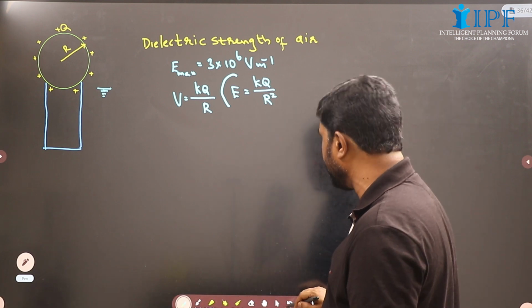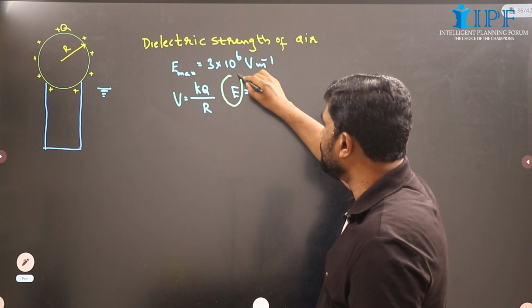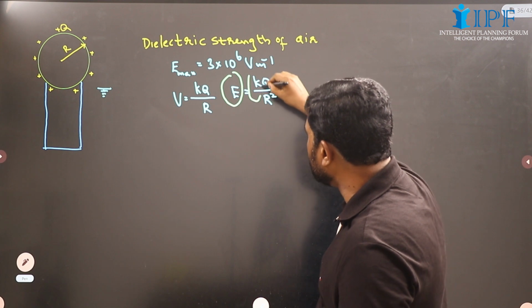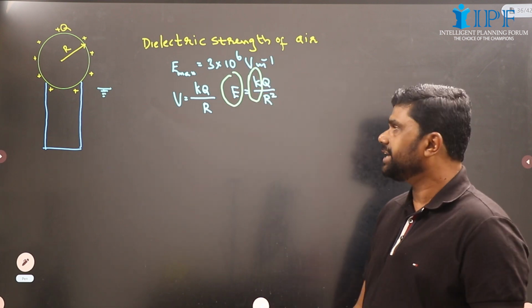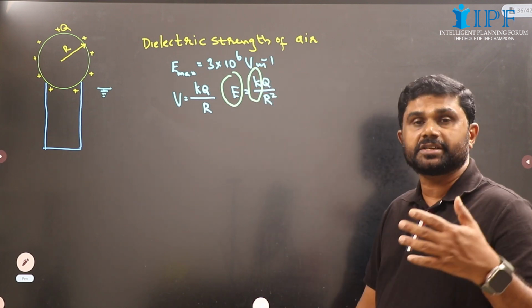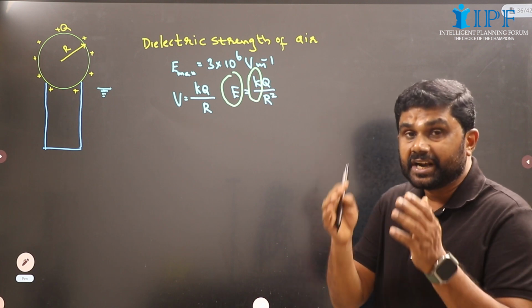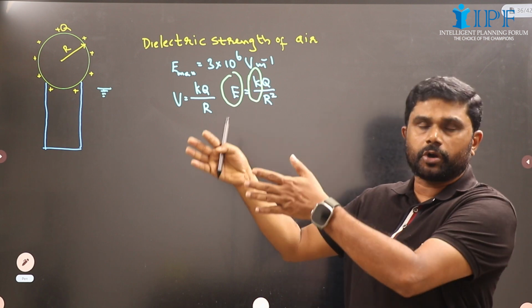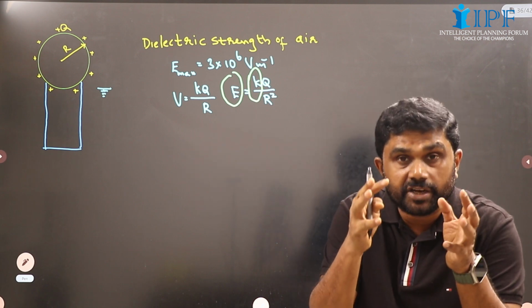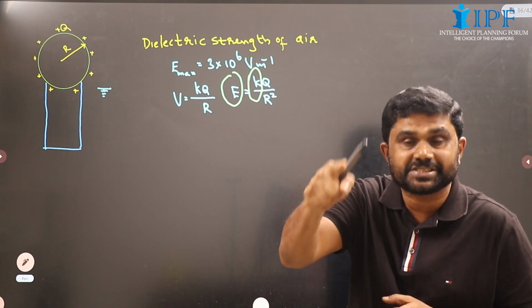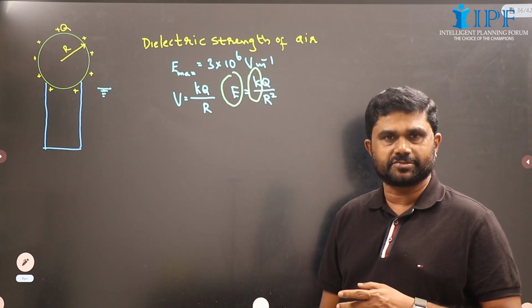So the intensity of electric field on the surface of this conductor is limited. This can be 3 into 10 raised to 6, that's a fixed value, and this k is also fixed. So we can say Q by R square is constant, so Q is proportional to R square. When the radius of a sphere is more, then more charge will be required to reach the intensity of electric field on its surface of 3 into 10 raised to 6.